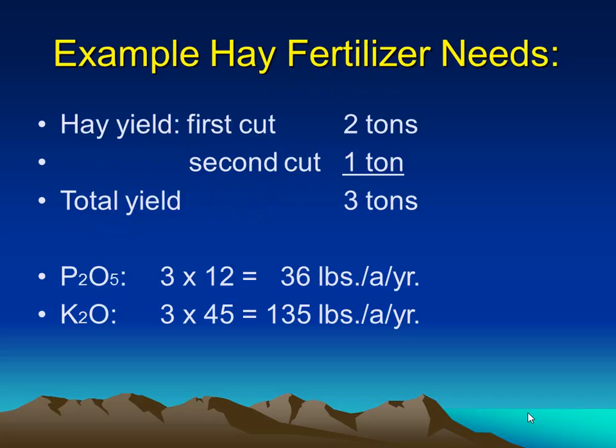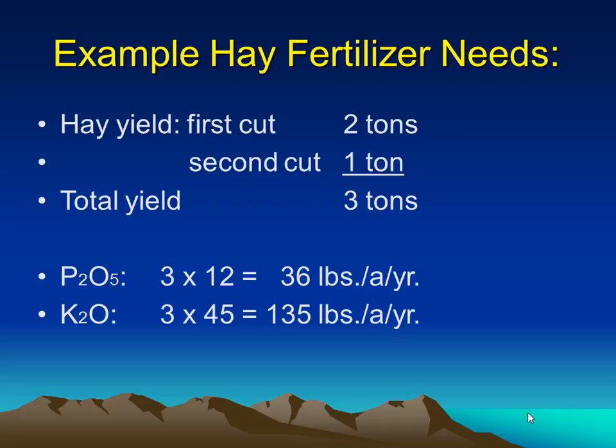And here's how to do the math. I've got some hay land, an example of hay land where I can't get manure to it. Getting 2 tons of hay off first cut, 1 ton of hay off second cut, total of 3 tons. I'm going to assume just an average quality. So 3 tons times 12 is 36 pounds of P2O5. 3 times 45 is 135 pounds of K2O.